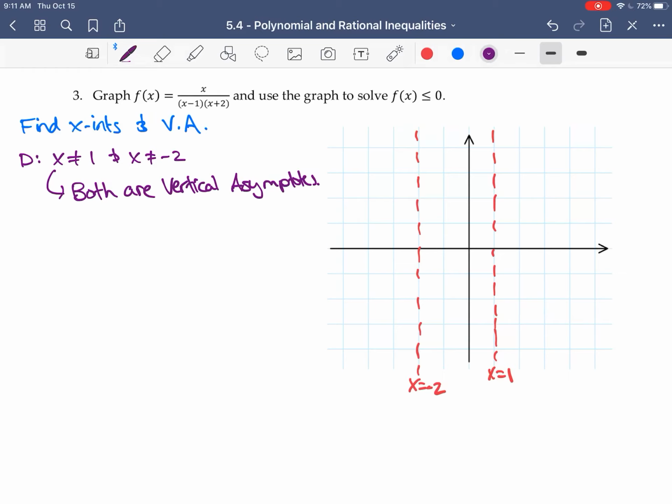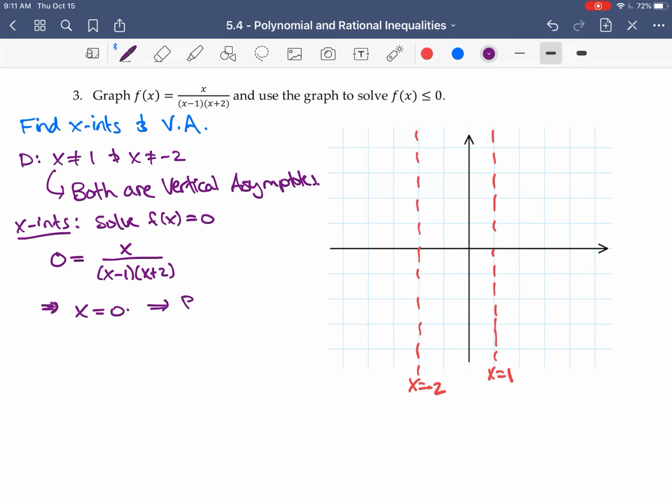Now we want the x-intercepts, so we want to solve f of x equals 0. When is the y value 0? We have 0 equals x over (x minus 1)(x plus 2). This is 0 exactly when the top is 0, so that's when x equals 0.